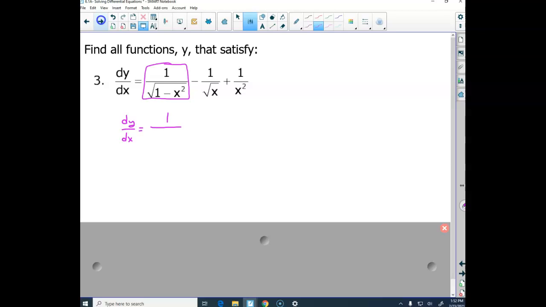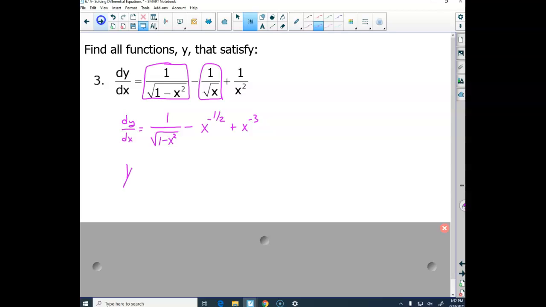I'm going to leave this just as it is because I can see I'm going to identify that as an inverse sine minus, well, I really don't like this here, so I'm going to see this as x to the negative 1/2 power. If I can ever see my exponents so I can anti-differentiate and just add 1 to them, that's what I want to see.